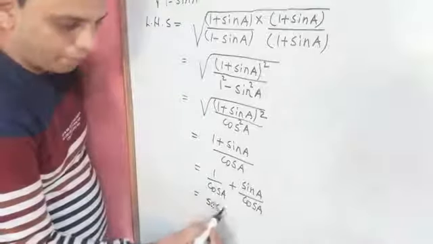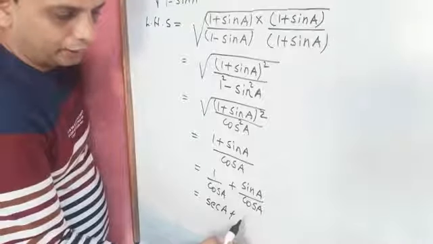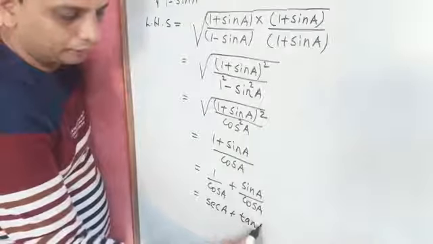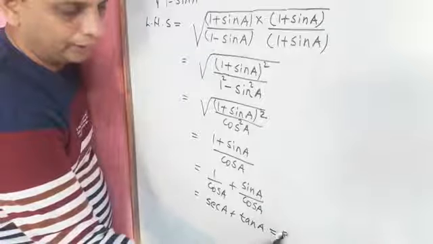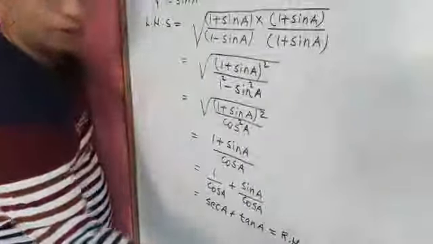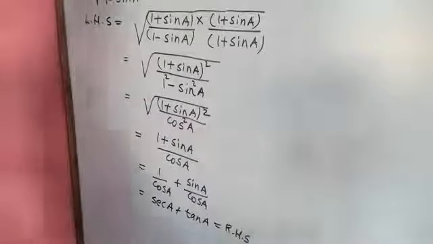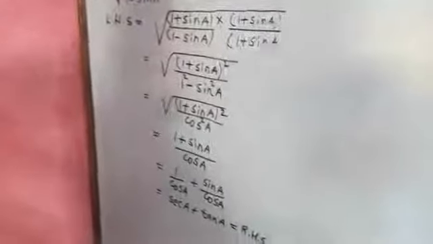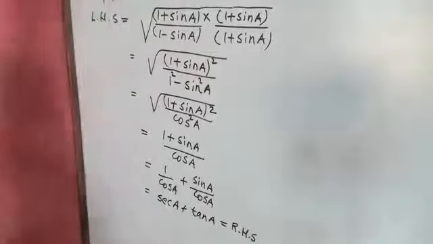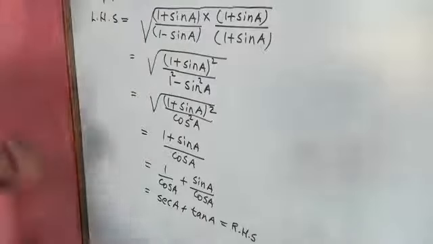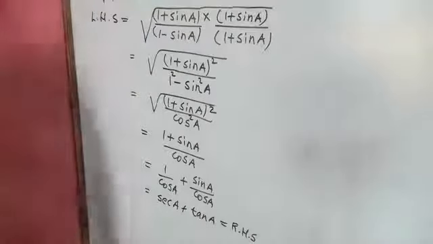Sec A, and sin upon cos is equal to what? Tan A. So this is equal to RHS. So this is question number 6.